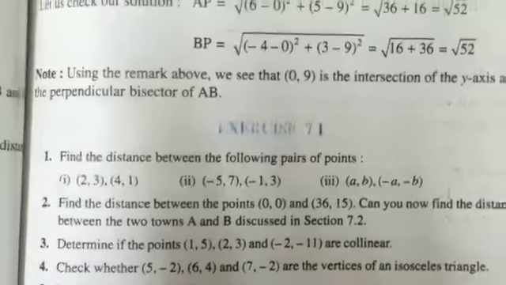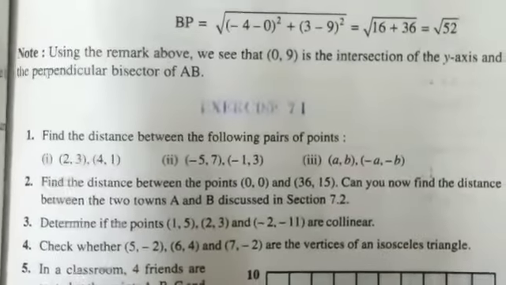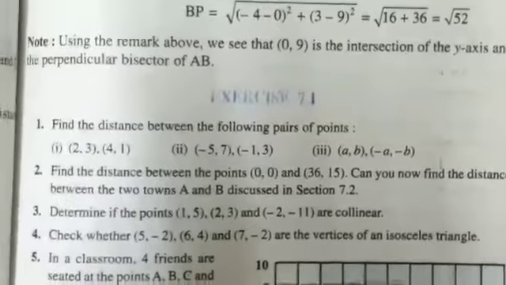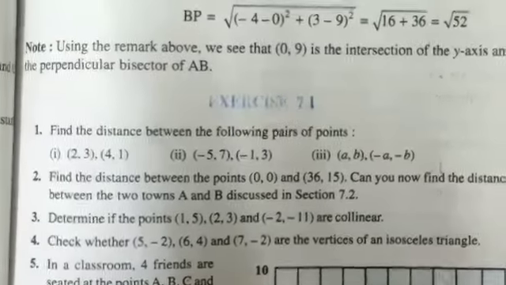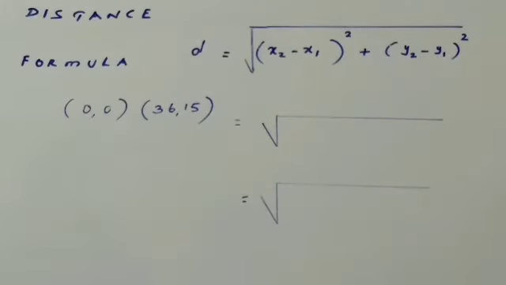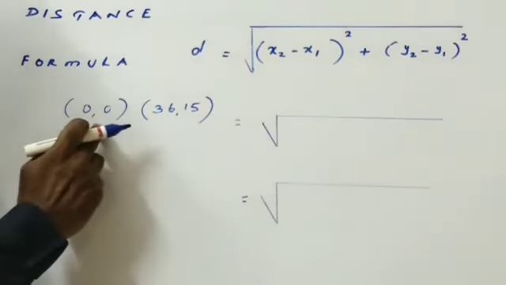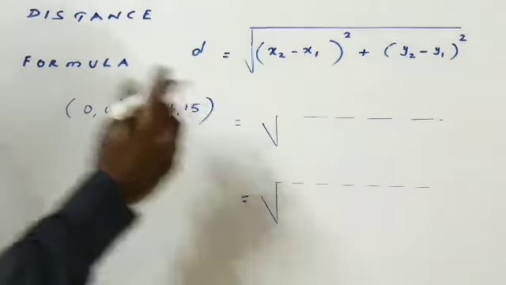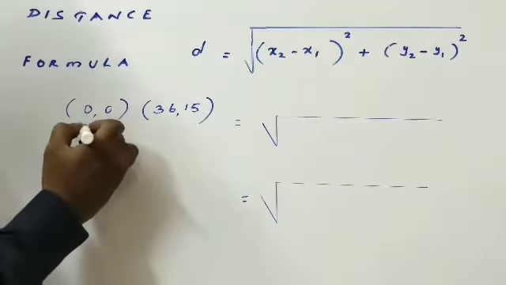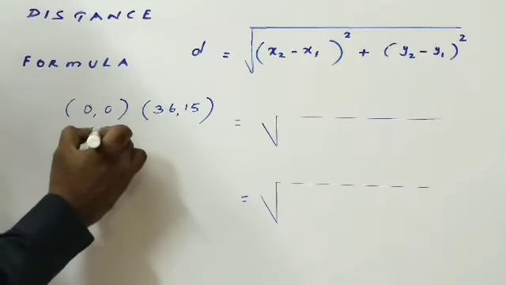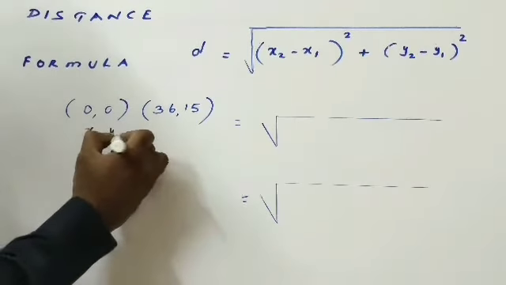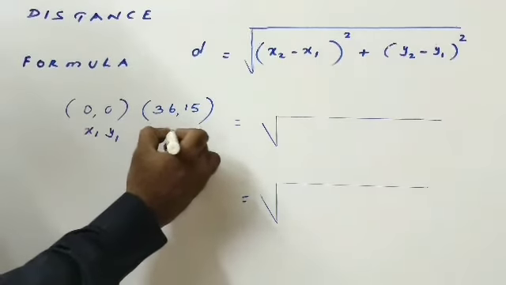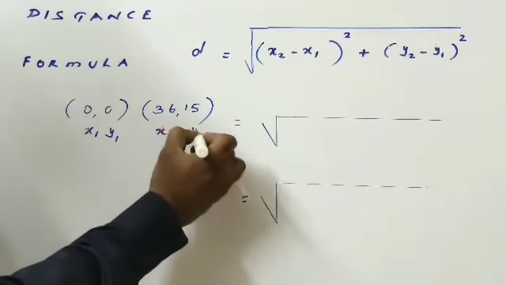Now listen to the second question. Find the distance between the points (0, 0) and (36, 15). The points are (0, 0) and (36, 15). Consider the first point as (x1, y1) and the second point as (x2, y2).